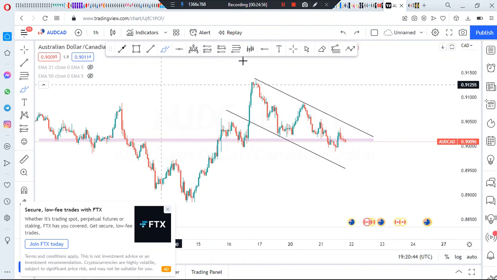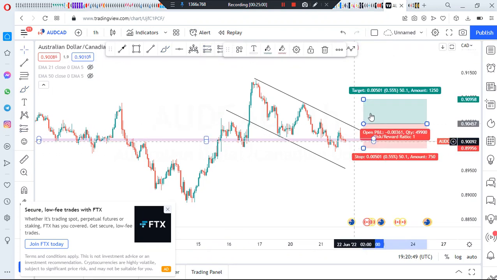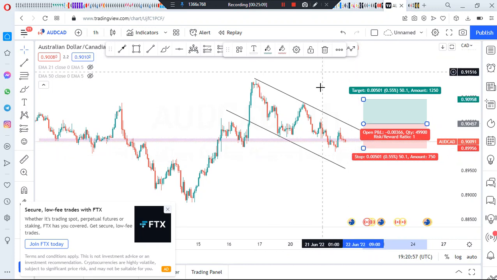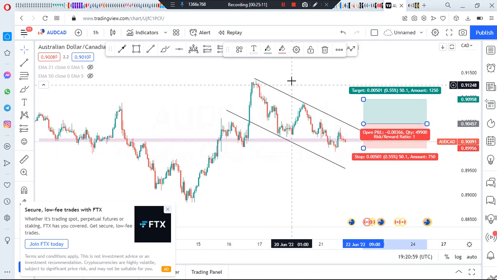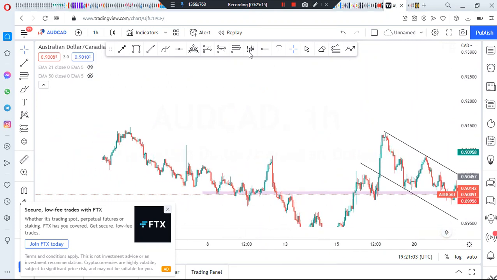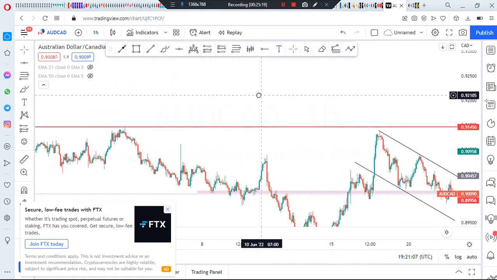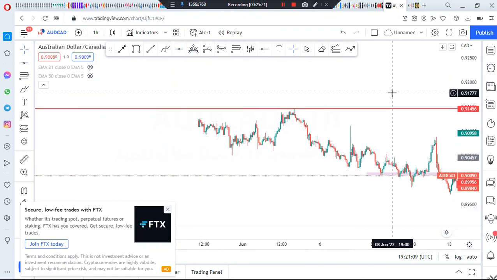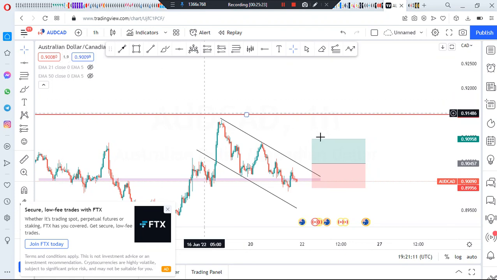So we're entering our trade from this position after price breaks below a little bit, comes down a little bit, then comes up and breaks this trend line. That's when we start looking for our buying positions. So this is going to be maybe our target. I think you can use this target here.